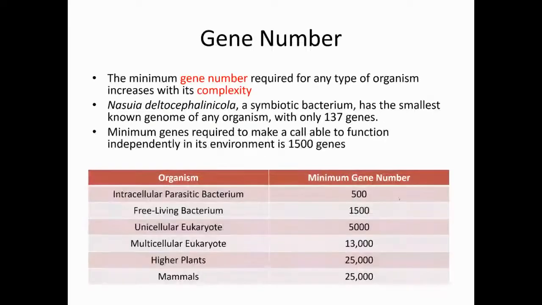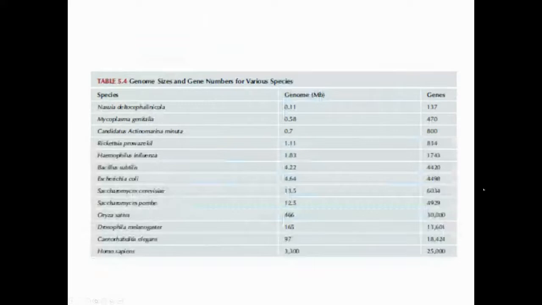And then the complexity and the gene number. We just finished the discussion of the genome, so for the genome, we know all the DNA sequences there. I'll show you this slide.